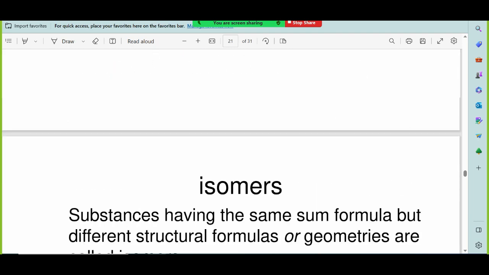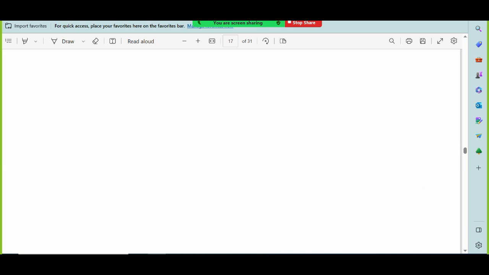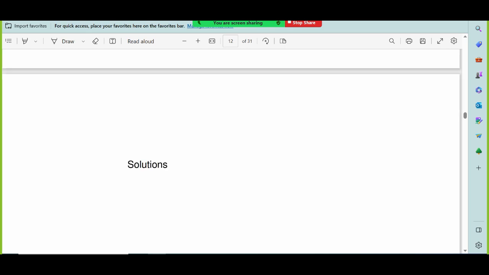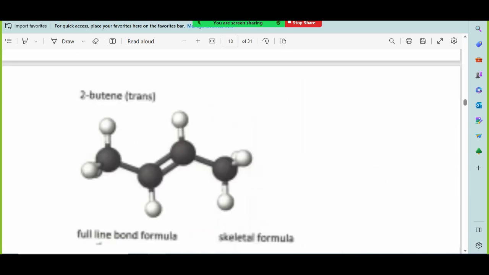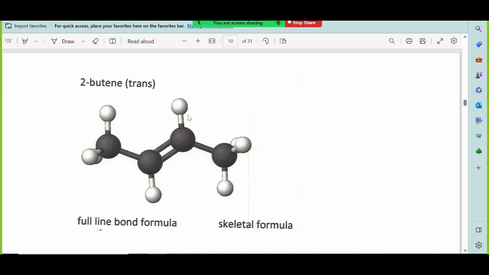And if you remember, when we were talking about the names, we said trans. We can call it trans-butene, because this is the main axis, and we have one methyl from one side of the main chain and the other from the second side.